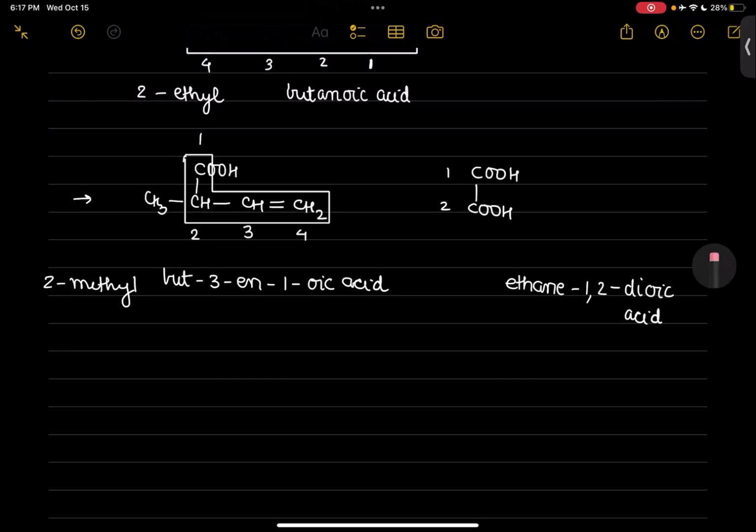The carbon-carbon bond is single, so that's why I've written ane. Clear? Suppose I have given this compound, what will be the name of this compound?